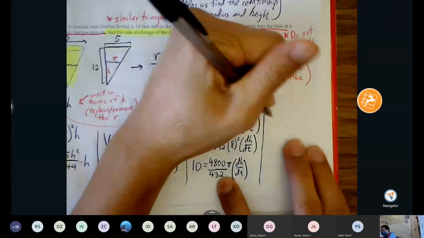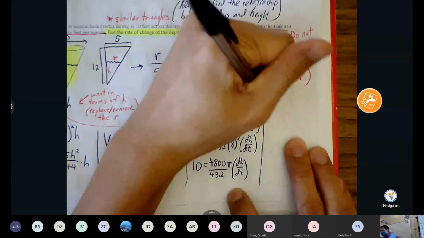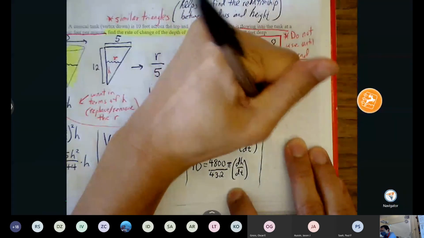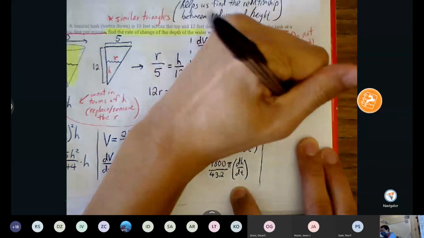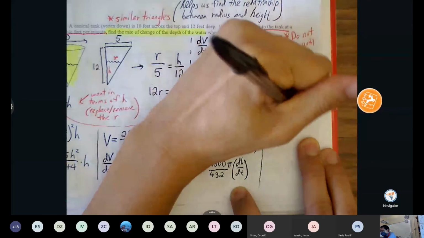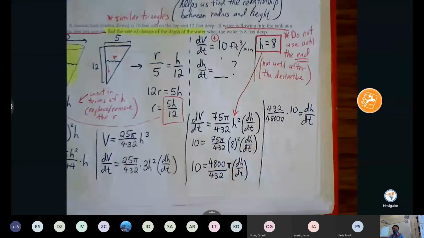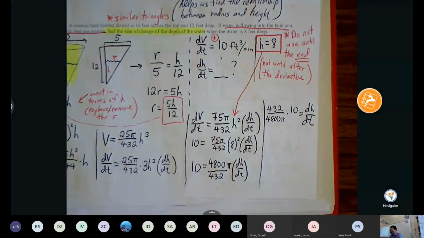I've just left it in that form here. So I get 0.9 or 9 over 10.